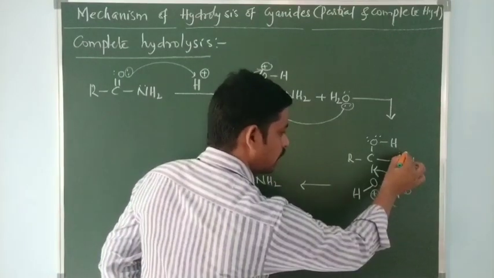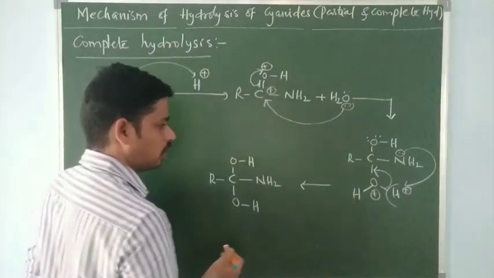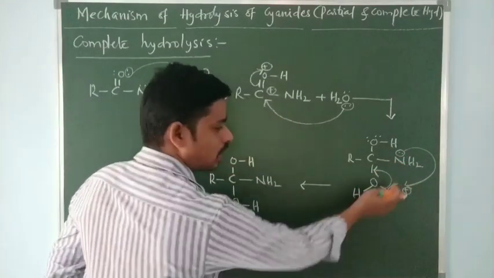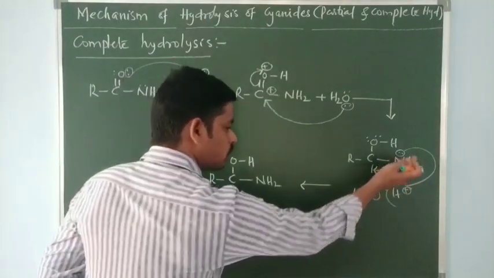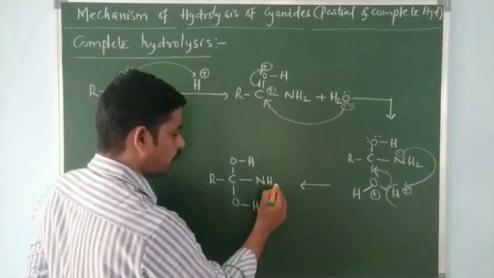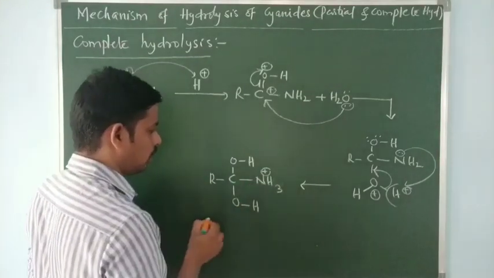Immediately this nitrogen donates electrons to this H plus, because nitrogen has a lone pair of electrons. A new bond is formed between NH2 and H, that is, NH2 is converted to NH3. Nitrogen donated electrons. Is it clear?